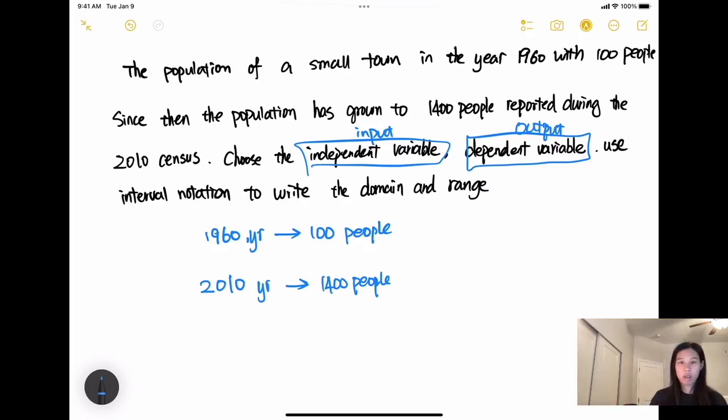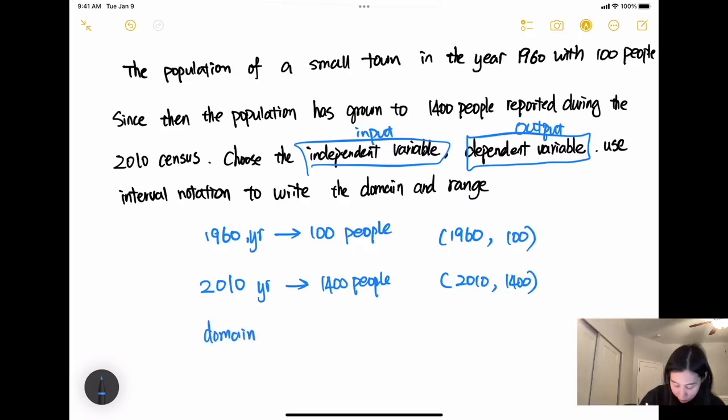Okay, so what's the domain and the range? Since they only connect two data points, one is 1960 with the output 100, and the other one is 2010 with the output 1,400. So for the domain, we only have two data points: 1960 and 2010.